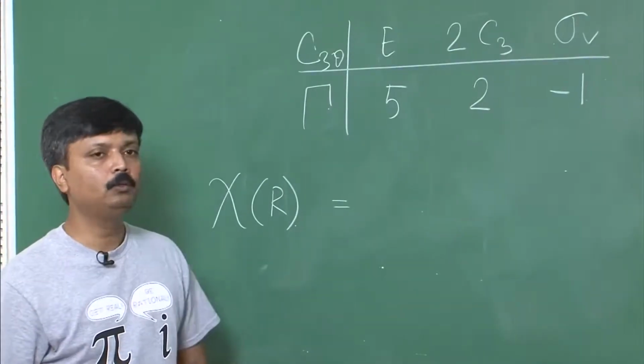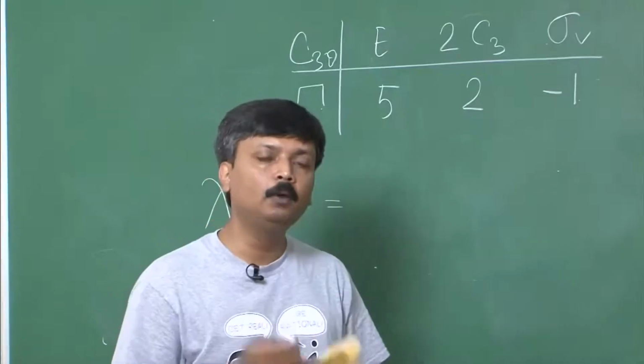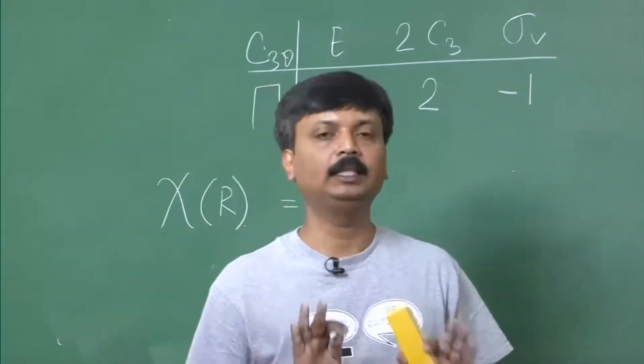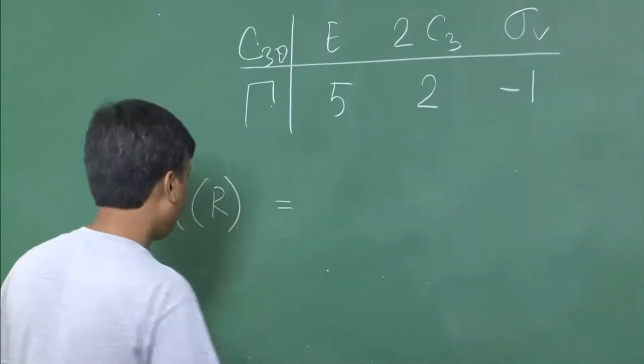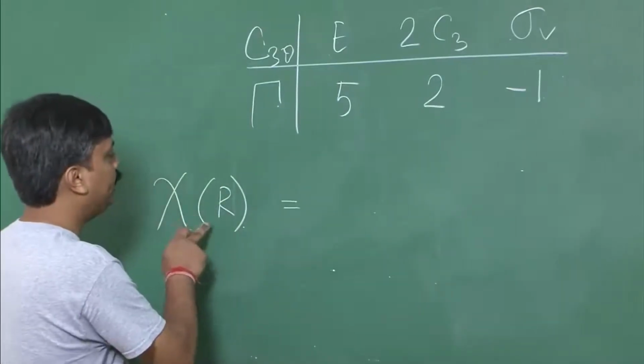So I want to know what n1, n2 and n3 are. That's my aim, correct?